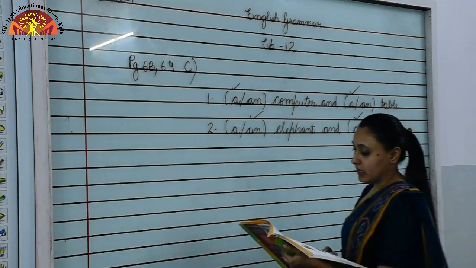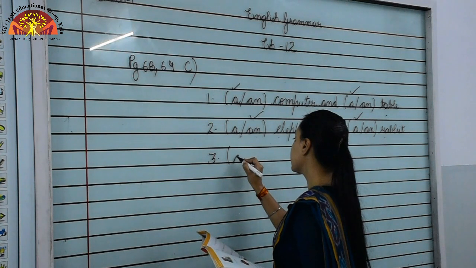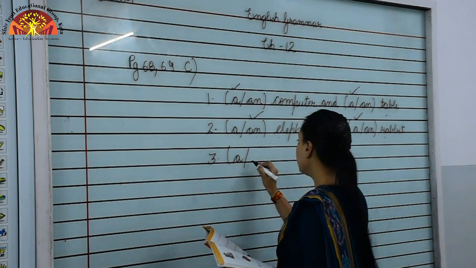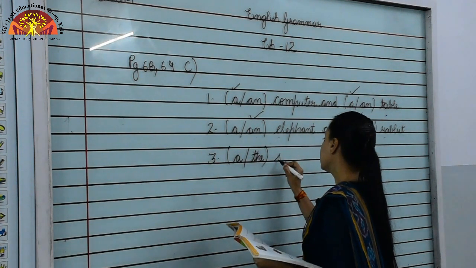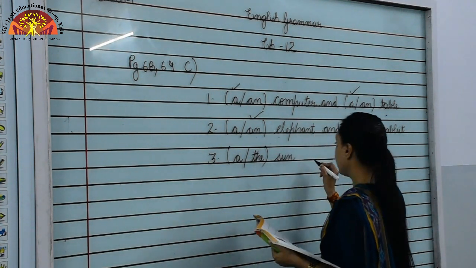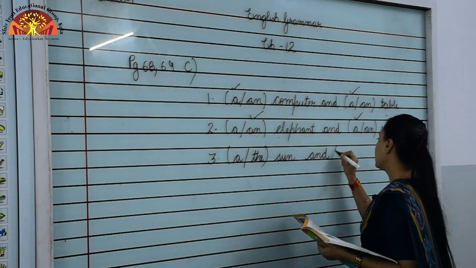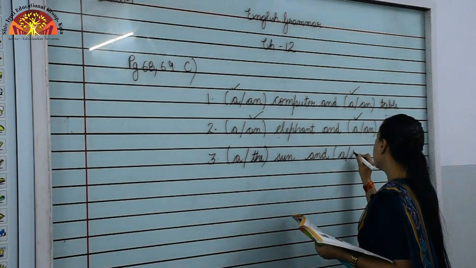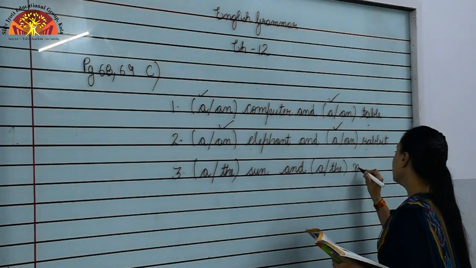Okay. Now, number 3, options given to you are a or the, sun and a, the, moon.